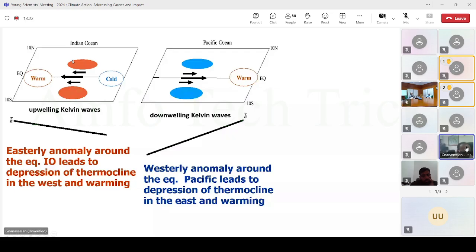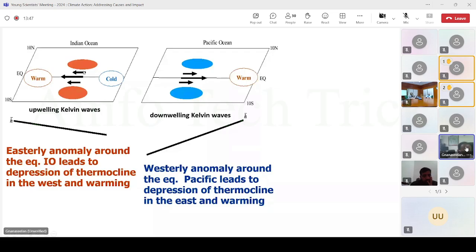They can induce the downwelling Rossby waves both in the north and south. Whereas in the Pacific, it is the opposite. This type of wind shear can induce a cyclonic wind stress curl, and they will induce upwelling Rossby waves in the Pacific.